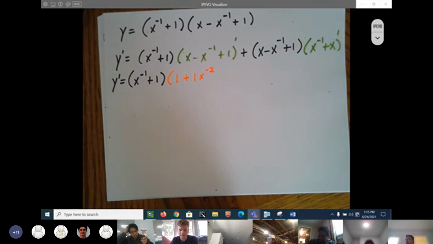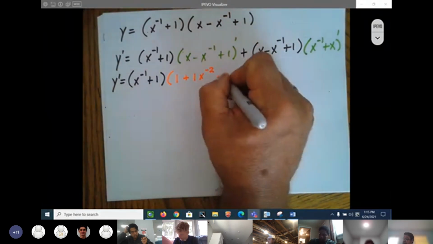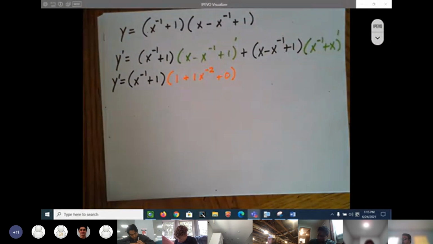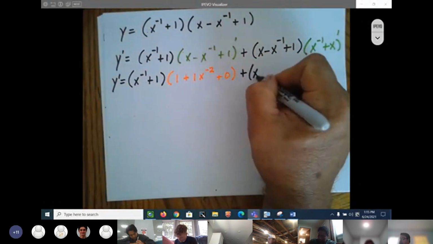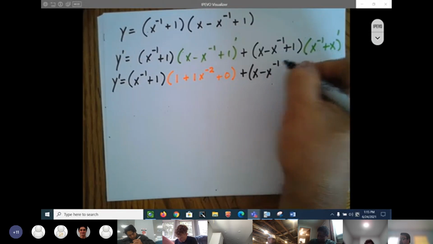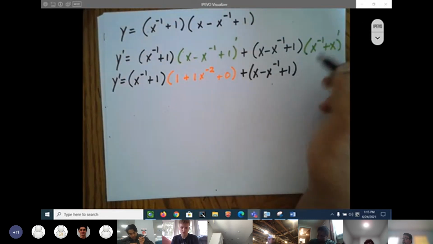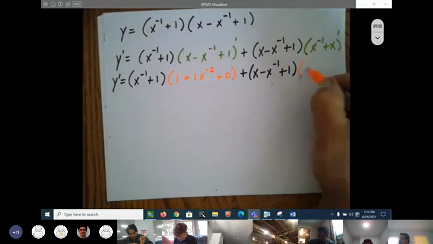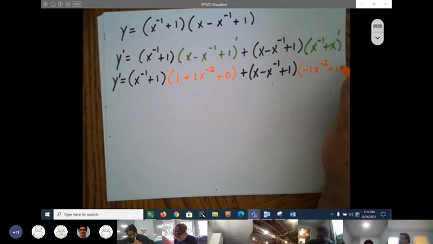To the negative 2 plus 0, plus x minus x to the negative 1 plus 1 and negative 1x to the negative 2 plus 1.